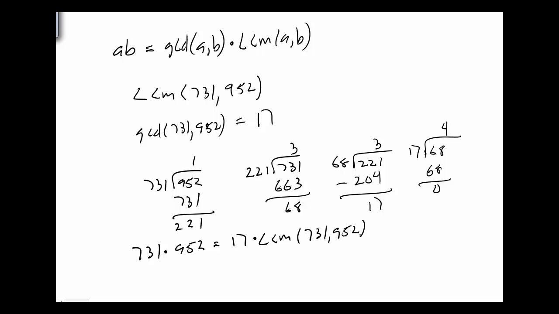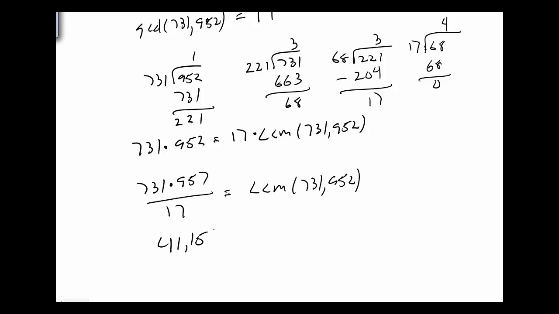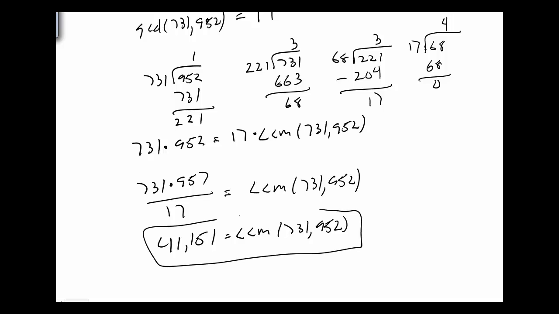So if I take this basic algebra equation, I can take the product, 731 times 952, divide that by 17, and that should give me the LCM of those two numbers. And I'm definitely using a calculator for this. And I get 41,151 would be the LCM of those two.